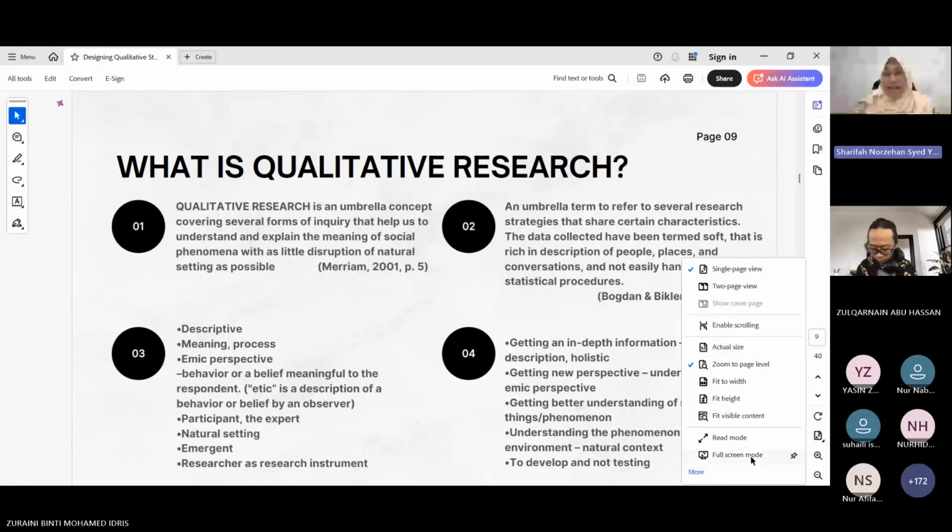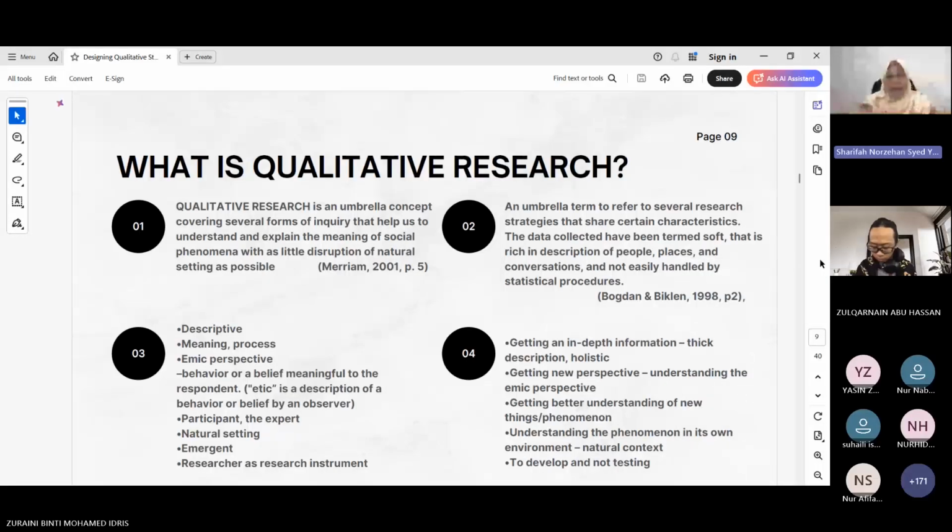So that's what you do. And it's all about what? Descriptive, it's about meaning, it's about emic perspective. When you say emic perspective, it's about how people look at their daily work.